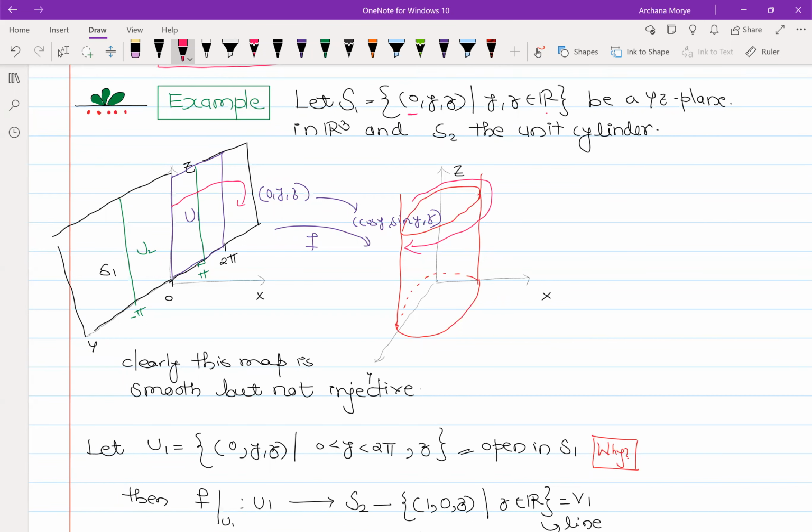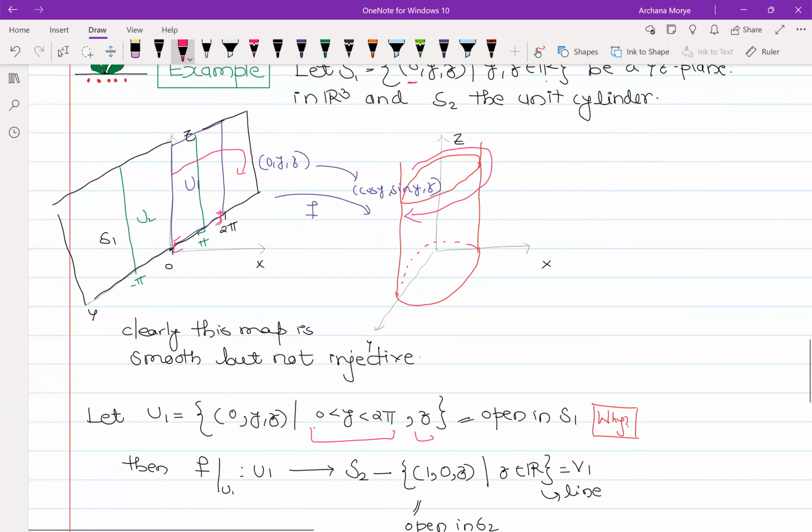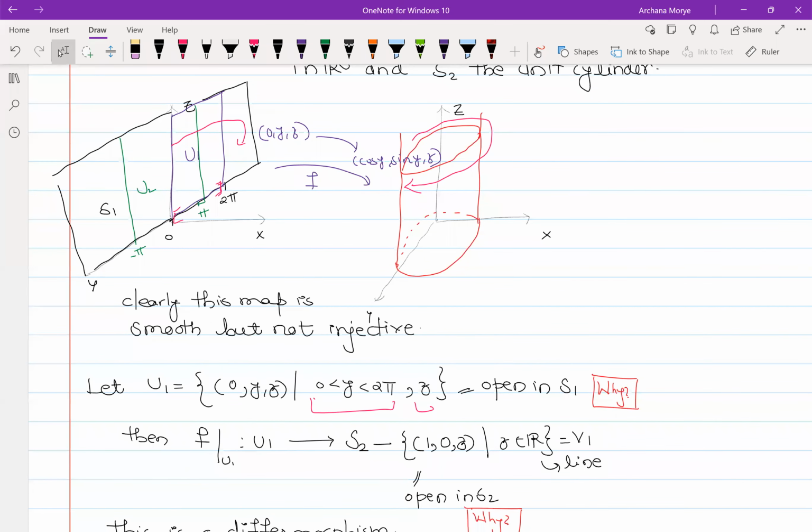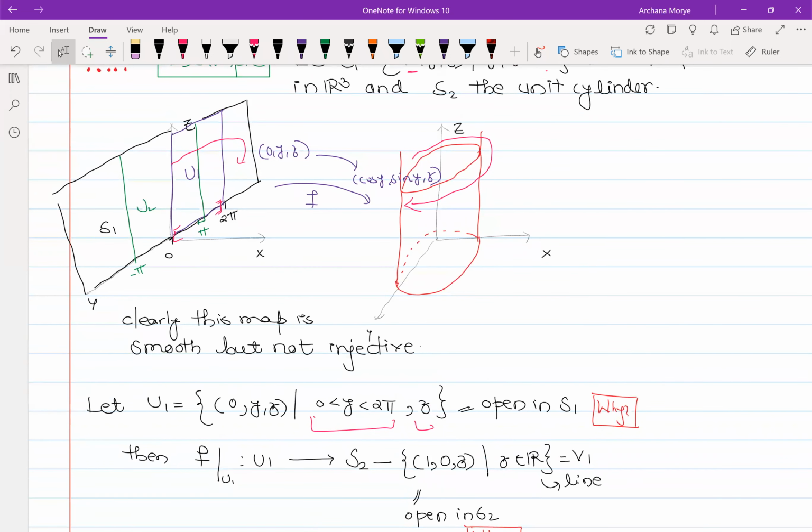That is correct, Devi. So suppose I take it from 0 to 2 pi, okay? But one full round also we cannot take completely, because then continuity will be lost, right? Because if you take this point and this point, they are coming together in the cylinder, but they are far apart in the plane, right? So we will take our range to be 0 to 2 pi, and z, and then our map is the same.